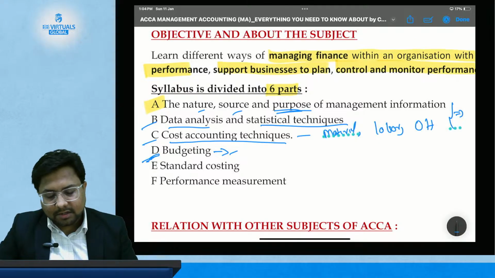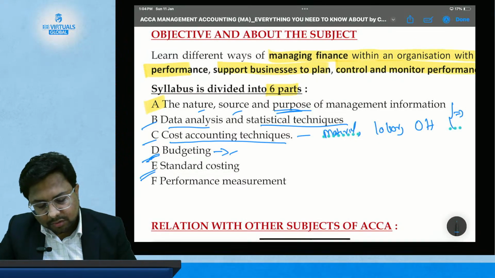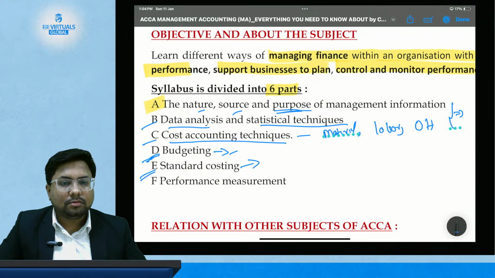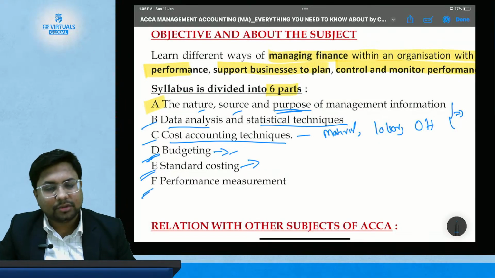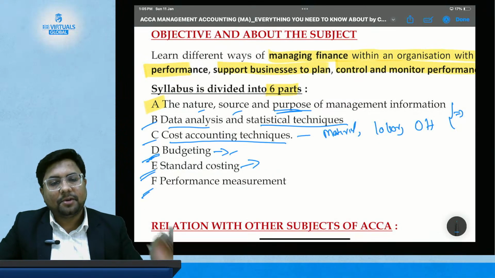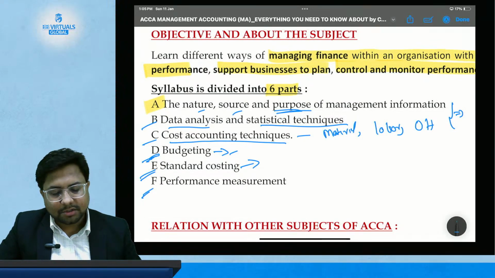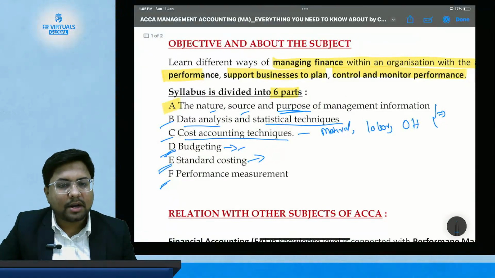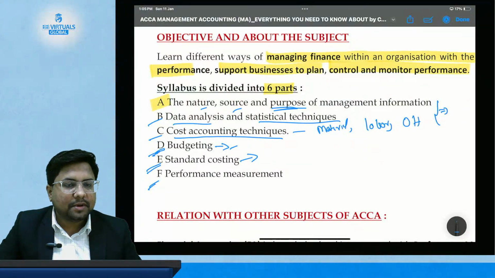After making the budget, we will check it in standard costing. In standard costing, we will use all the formulas and methods for analyzing our budgeting. Then, last but not least, comes performance management. After doing everything, we will measure our performance based on the budget. So your syllabus has been divided into 6 parts, part A to part F, where we will understand all the concepts related to management accounting.